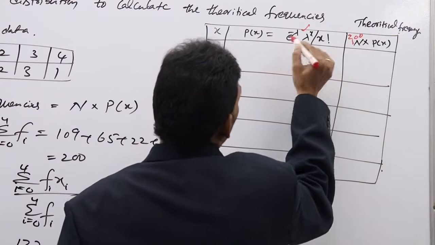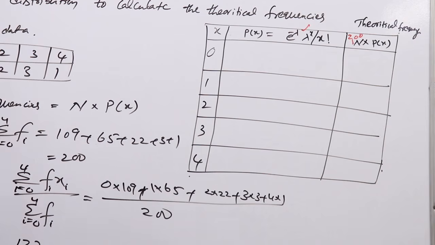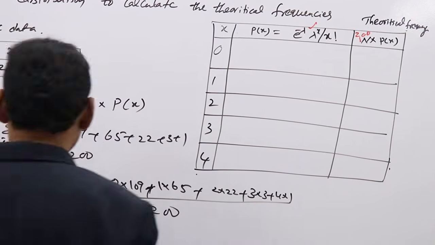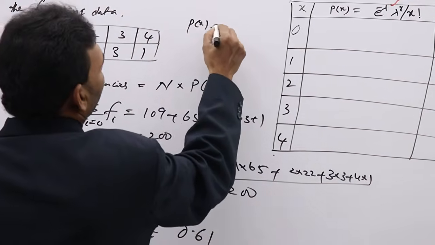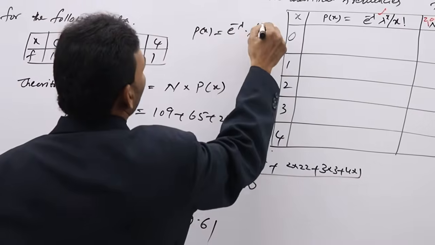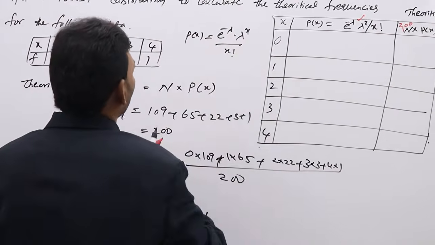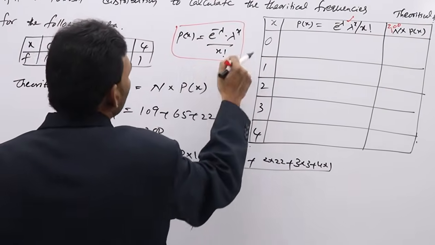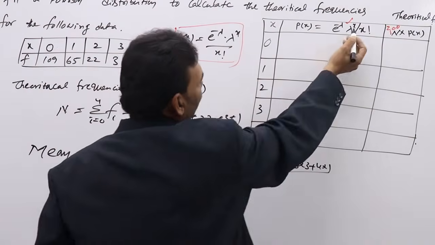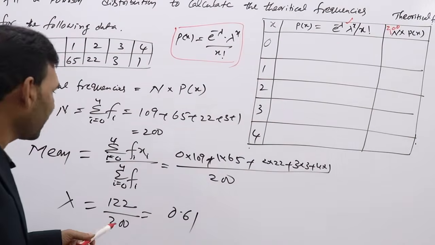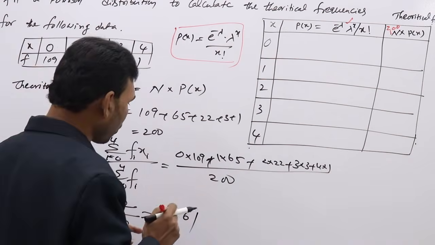This is the formula which we are going to use to calculate probabilities, because this is Poisson distribution. So for the first probability, write 0 in the place of x and 0.61 in the place of lambda.